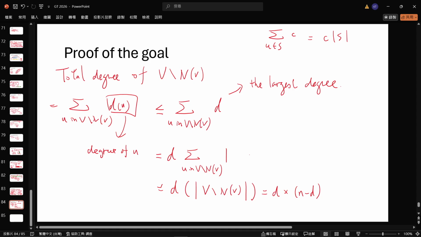For example, if I replace the c with 3, this is just 3 times the size of S. So this is just what we do here. Any other questions?